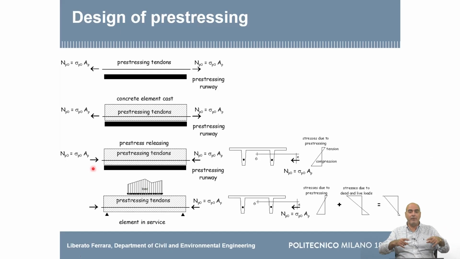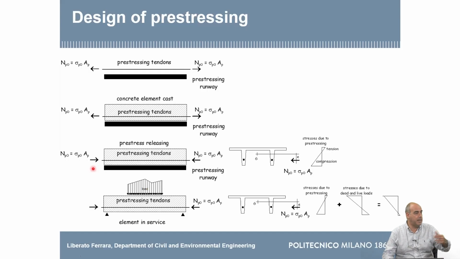Then you have all the transient stages that we have seen, because at that point you lift up your element, you move it to a stocking yard, it stays there, then you lift it up back, you put it on a truck, you transport it to the site, lift it, install it on the column or in the structural context where you have to put it, and you start building up on it.